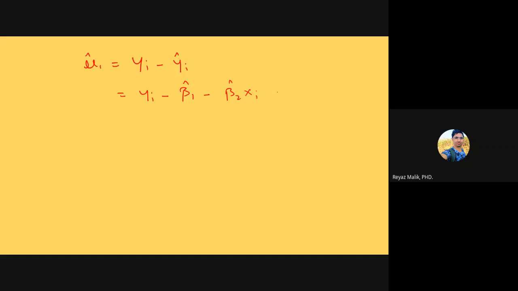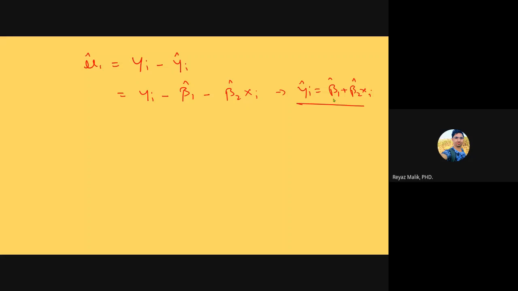Why? Because yi cap equals beta 1 cap plus beta 2 cap xi. So when we say minus, this minus will be multiplied to both beta 1 and beta 2. It will become minus.